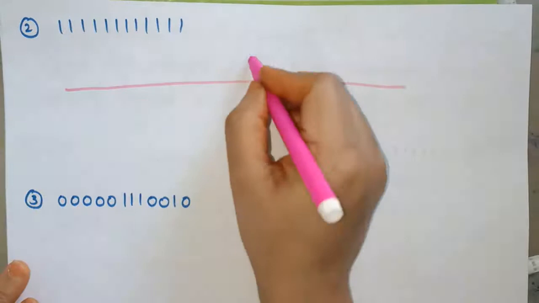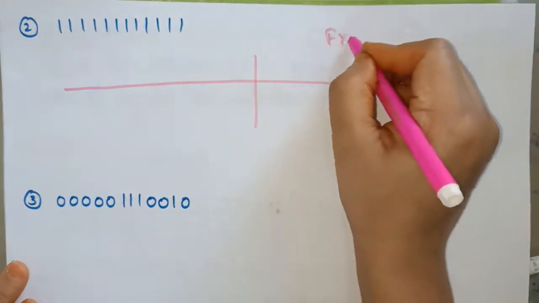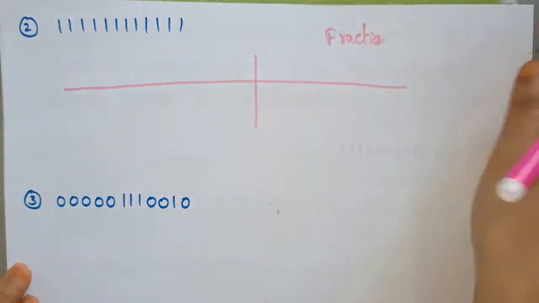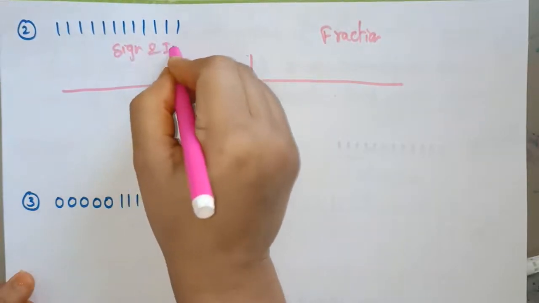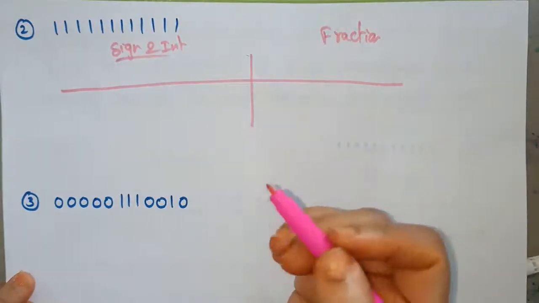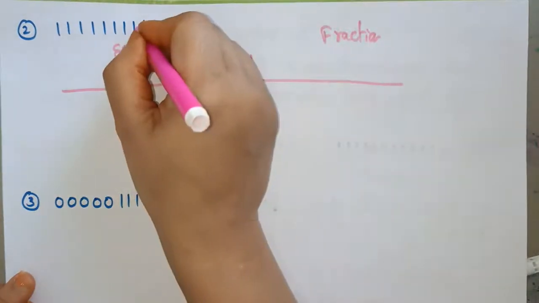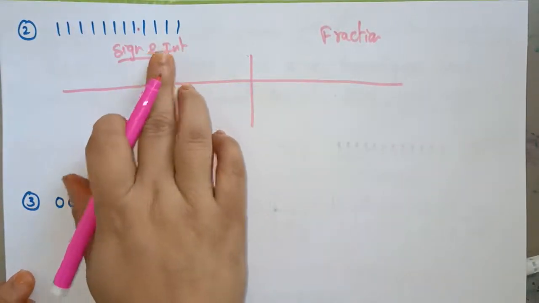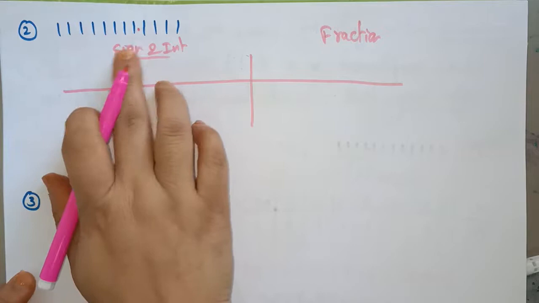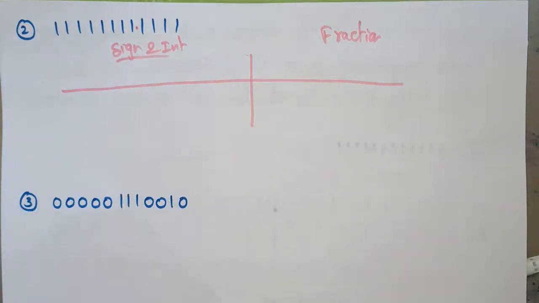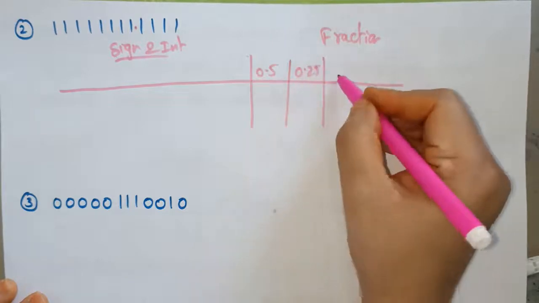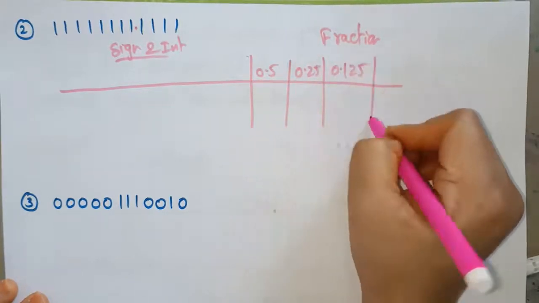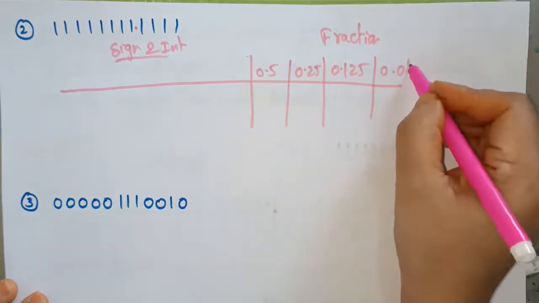Same procedure, follow. Take the fraction part. This is the fraction part, and this side is the sign and integer part. The condition they have given is that the decimal point is after 4 bits. So the fraction is 0.5, 0.25, 0.125 and 0.0625.